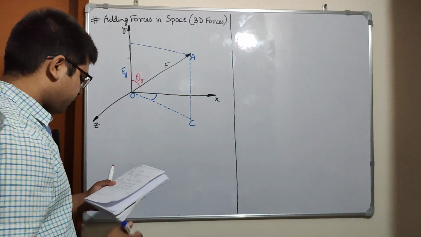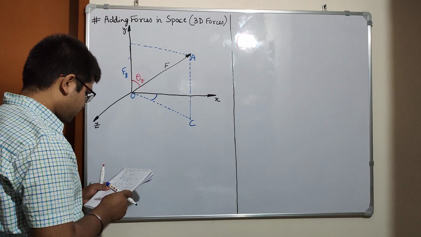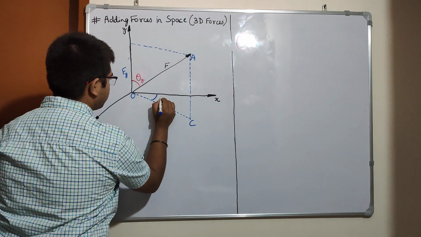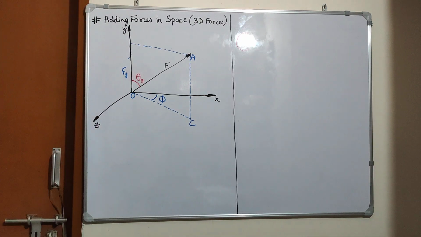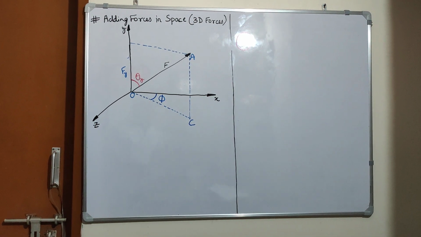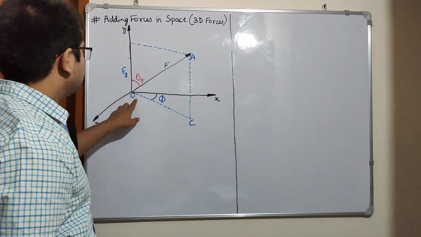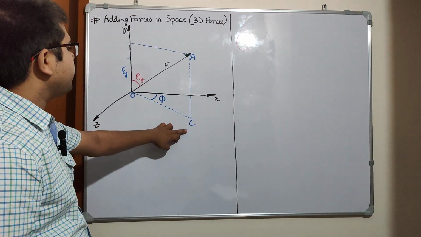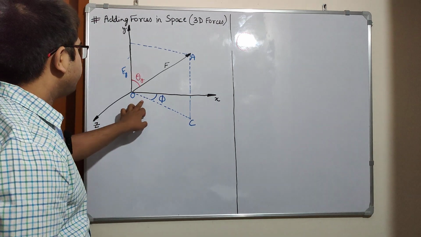So this angle that OC makes with x-axis is phi.